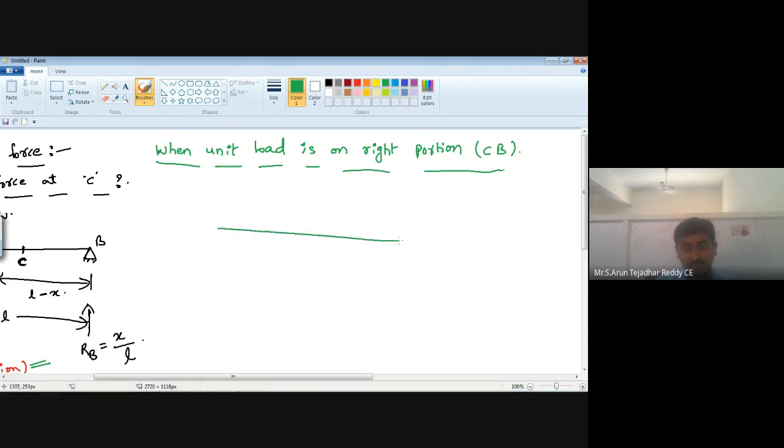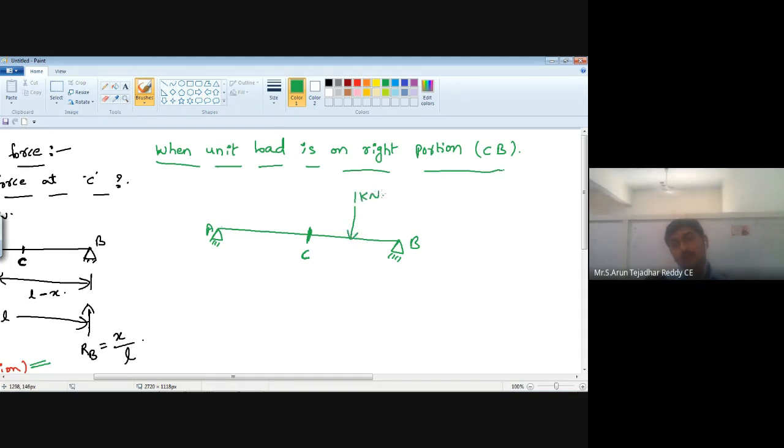Listen carefully. This is A, this is our B, and here we have C. Our condition is that the unit load, 1 kilonewton, is on the right portion, that is in between C to B. So I am applying 1 kilonewton here.